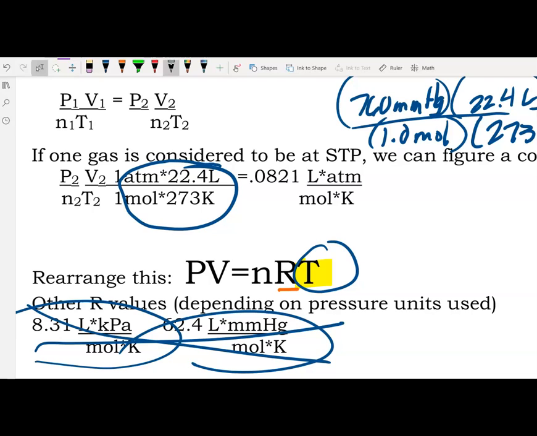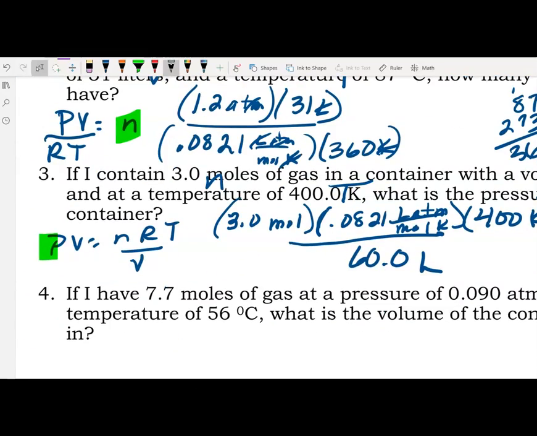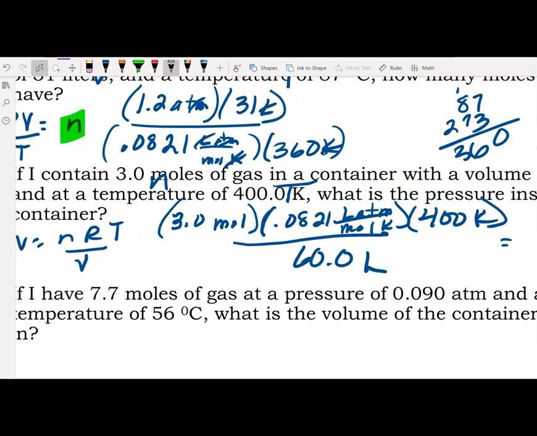STP is 273 Kelvin. 1 mole of gas takes up 22.4 liters. So we can take a shortcut and substitute 0.0821 for that. Okay, so 273 Kelvin is a part of that.